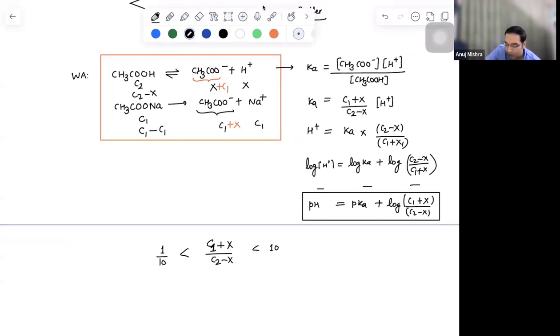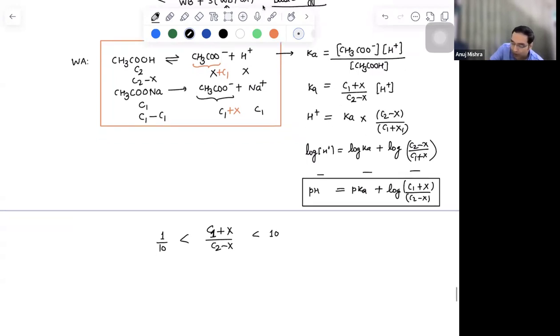If the change is not much, you have to satisfy this criteria. Okay. Any issues with this? Any problem in this? Okay. Do you also understand that whatever be the value of pH, if you want to keep it same, your x should not be changing drastically. It should not be that x suddenly becomes a very large value, right?